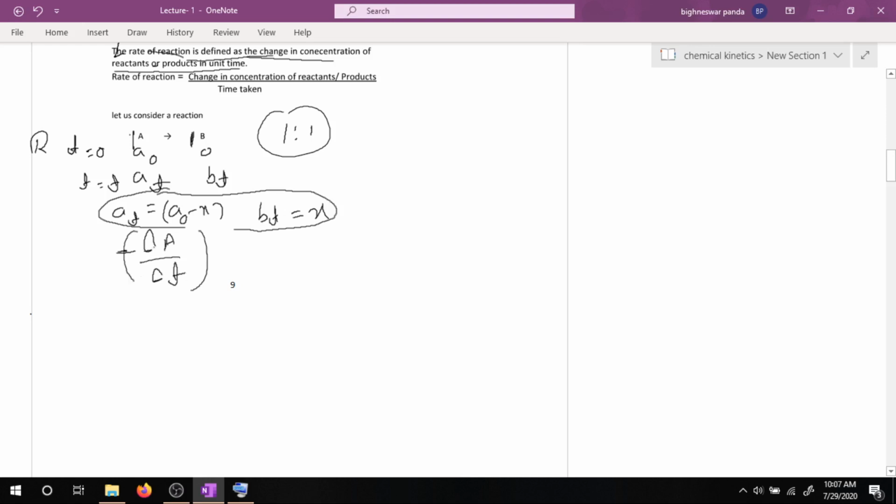Why is there a minus sign? Because rate does not have a negative value.